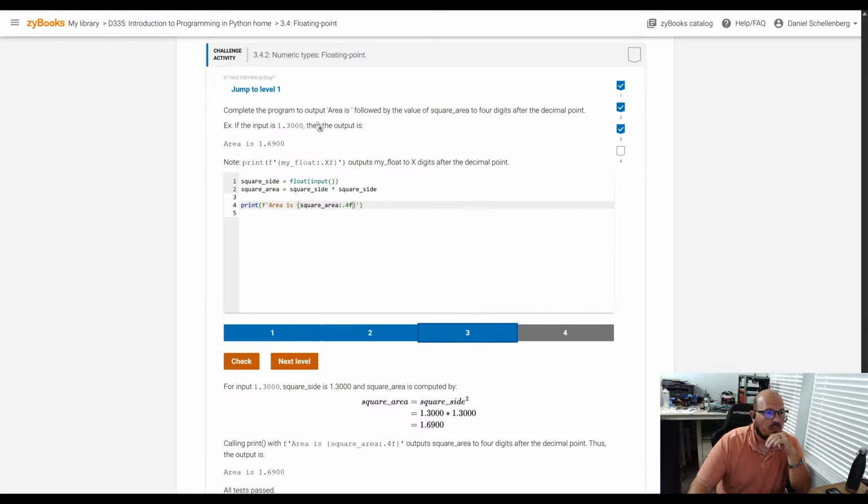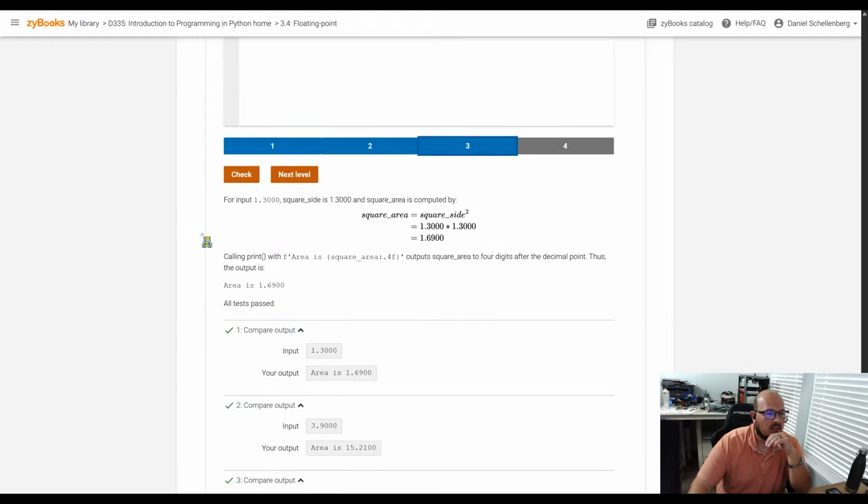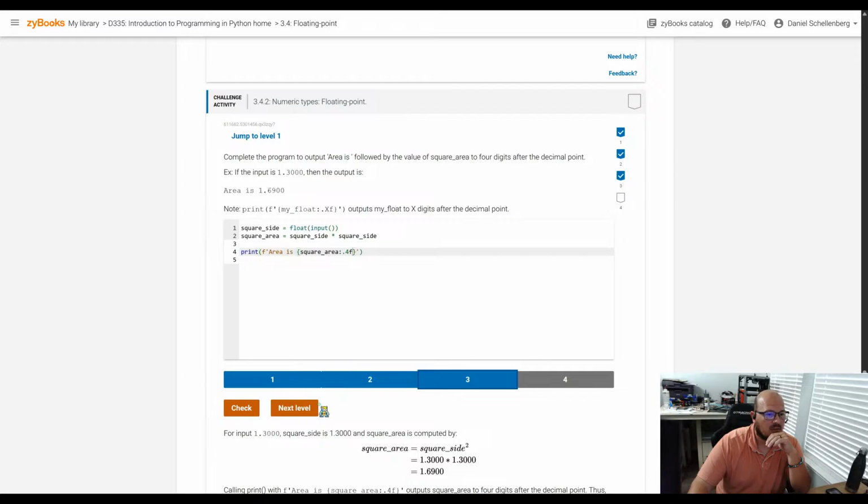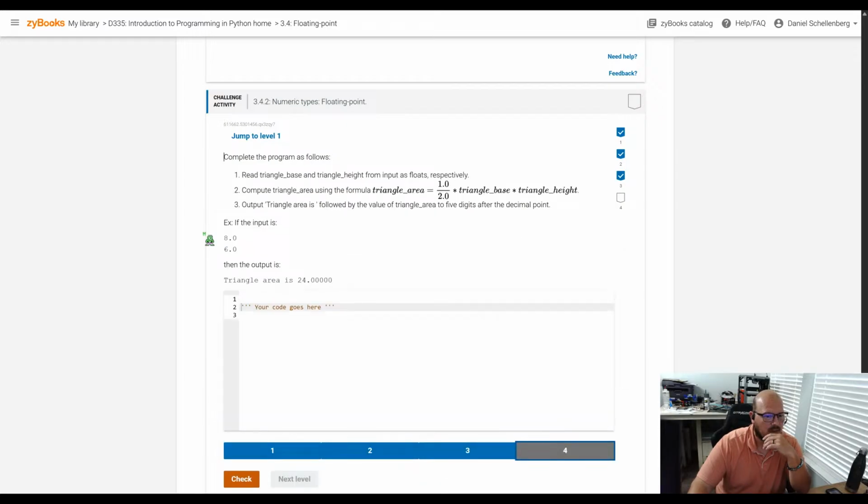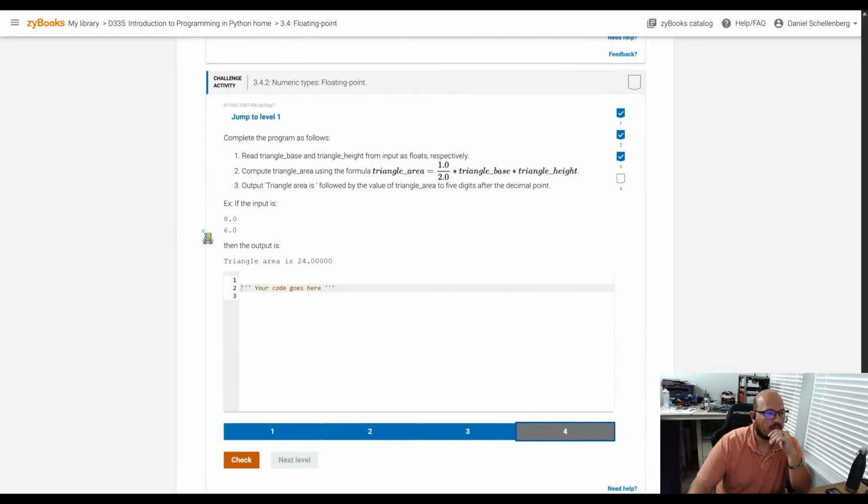Complete the program to output area is. Oh, did I not click next level? I thought I did. Okay. Complete the program as follows. Read triangle base and triangle height from input as floats respectively. So we'll start with number 1 here. Triangle base.